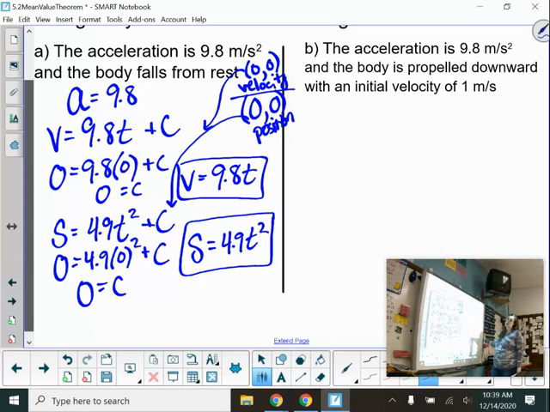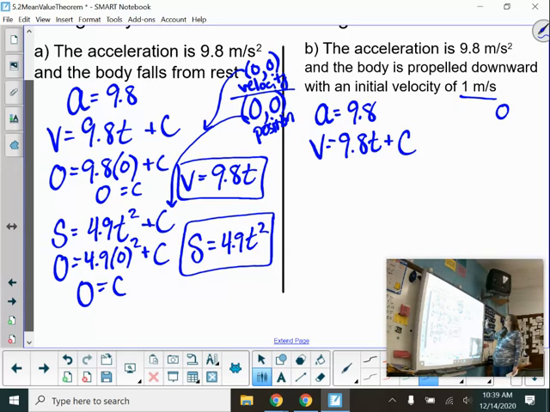Now for part B, it's not going to work out quite that same way because it does tell me I have an initial velocity of 1 meter per second. I am starting with the same acceleration. My velocity is going to start out the same when it's set up, but now I know that for velocity, at 0 time, my velocity is equal to 1.